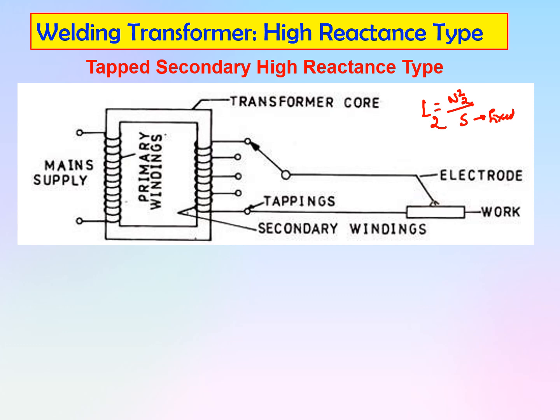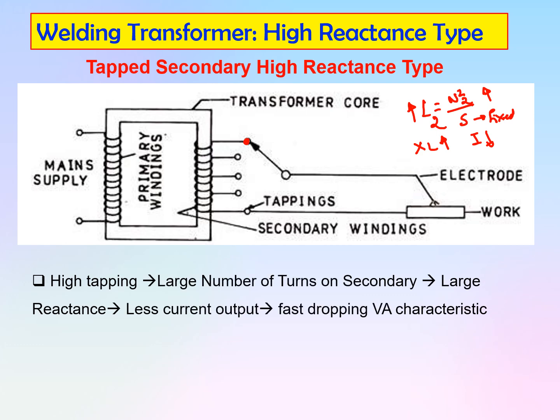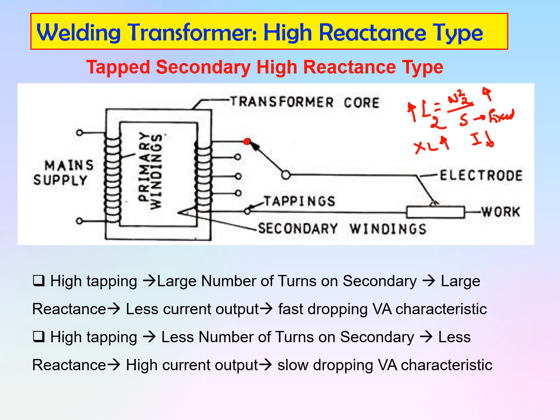When it is at this position, the N2 value is large. As the N2 value is large, your inductance value is large, hence XL is large, so you will get less current. So in this case, high tapping, large number of turns on the secondary, large reactance, and less current output.